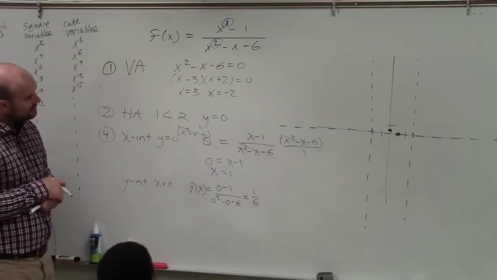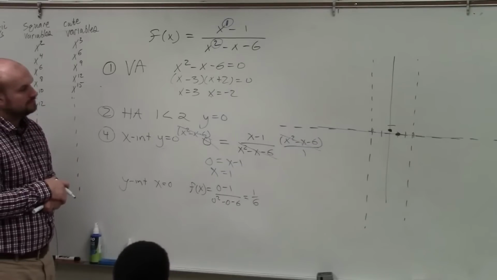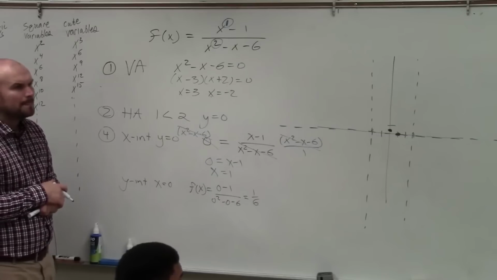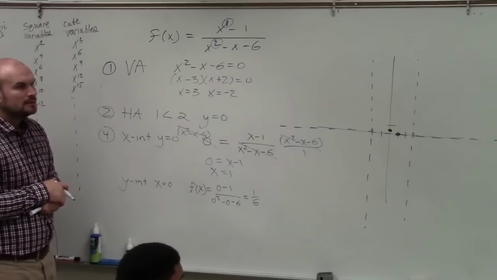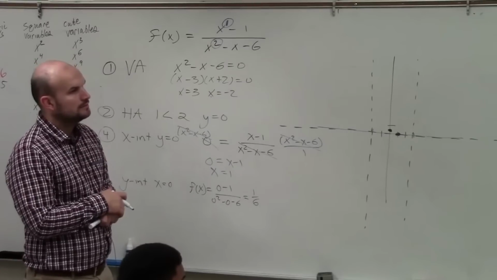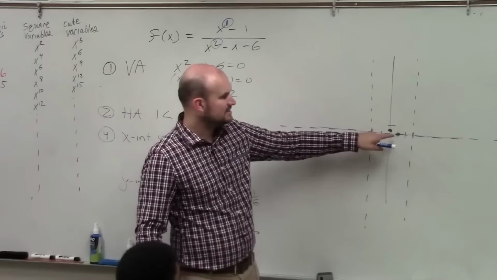I have a question. Why are there x and y intercepts when this function doesn't even touch them? It does. It touches them at 1/6 and at 1.